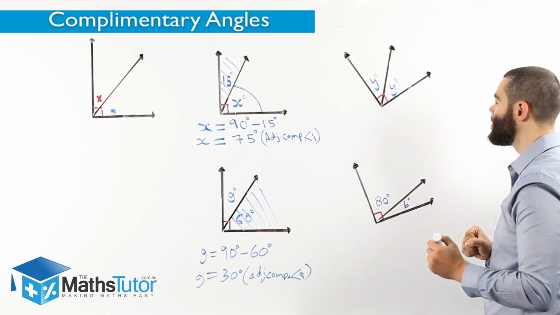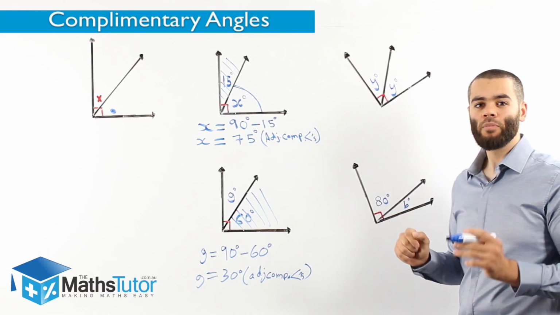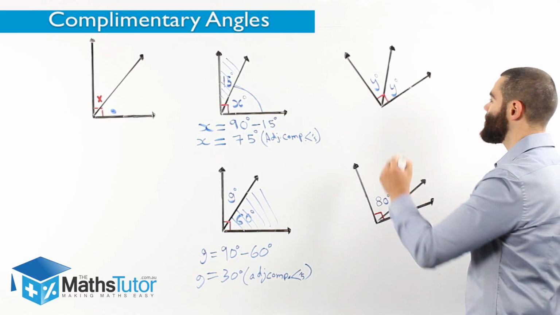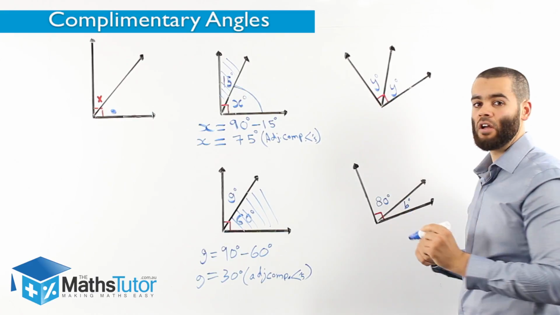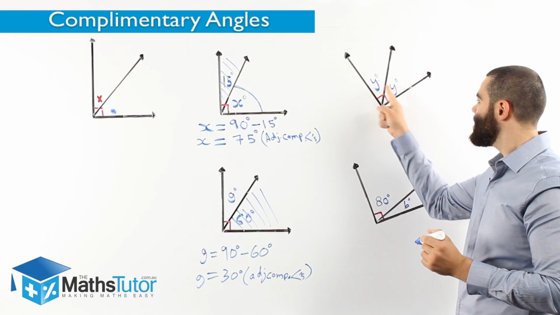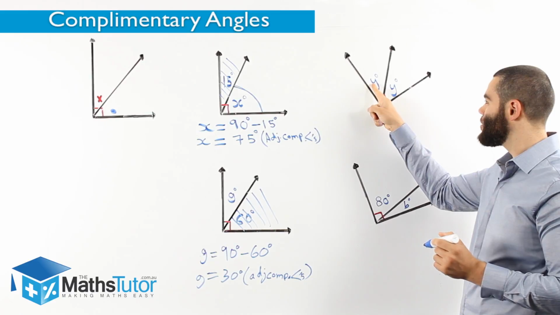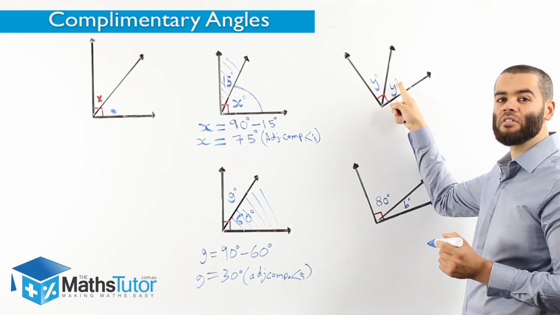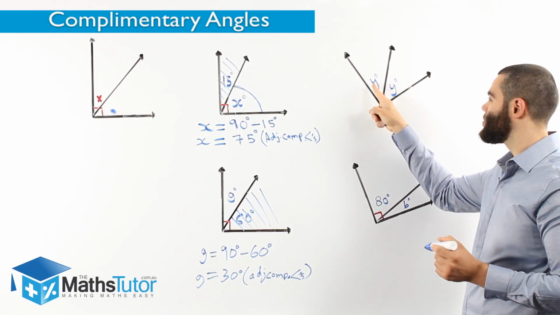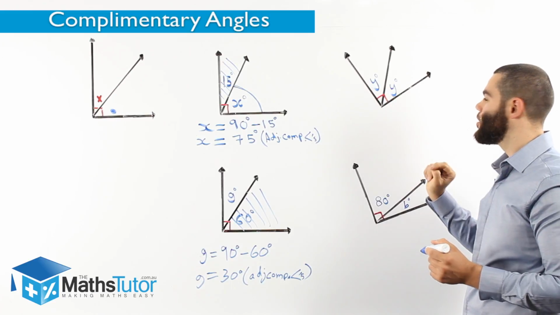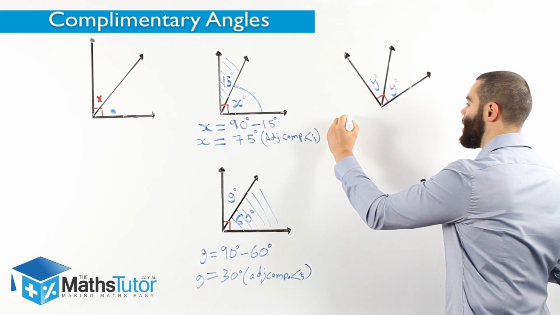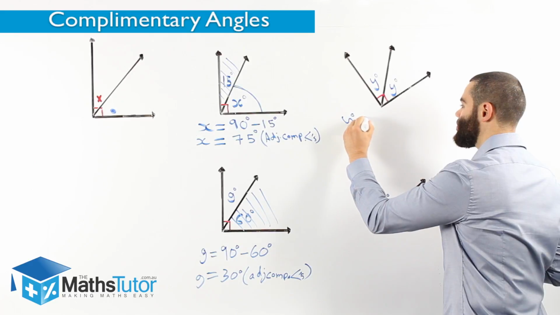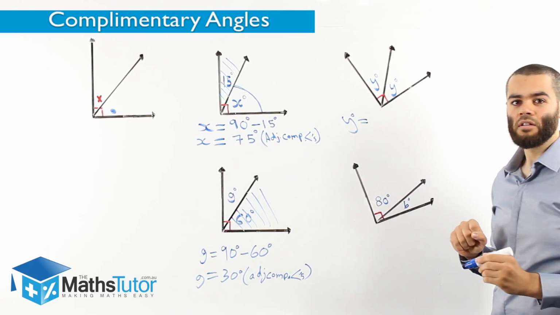Another example. We notice here complementary angles, and we also notice the complementary angles have been split in half. How do you know it's half? Because of y and y, that means this angle here is exactly the same size as that angle there, because y and y are the same pronumeral. So we want to work out y. Very easy.